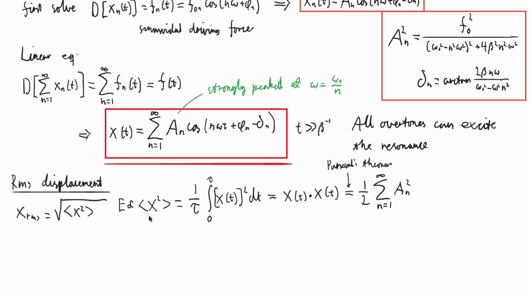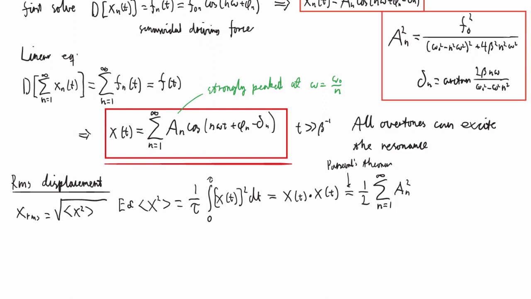Physically, this relationship means that the response of the oscillator, in an energetic sense, to a non-sinusoidal driving force is just equal to the sum of the response to all the Fourier components. But you have to square here, so you have to think about it in an energy sense.